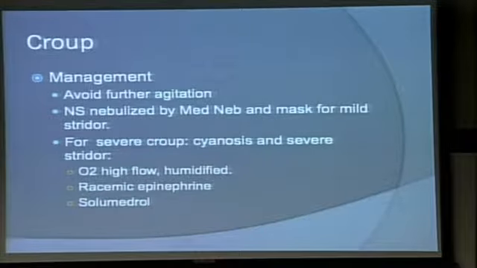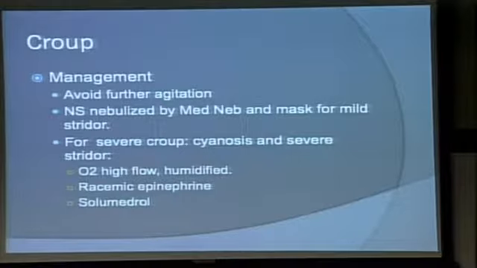Now for severe croup: severe retractions, cyanosis, a very anxious kid, or impending respiratory failure. O2 high flow, humidified, but we're going to give them racemic epinephrine, and all severe kids with croup should get a steroid.